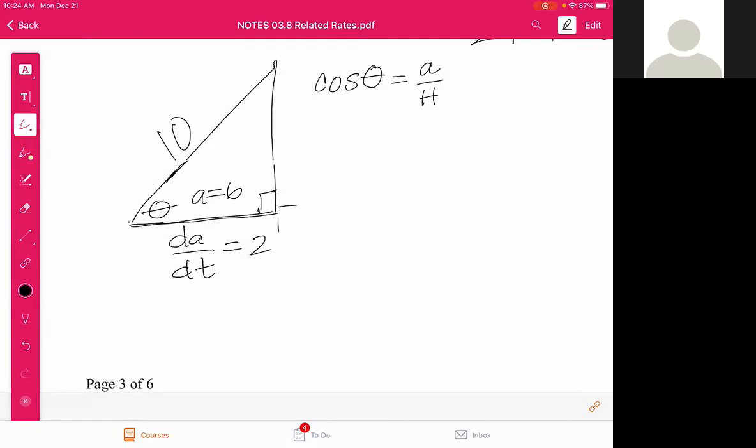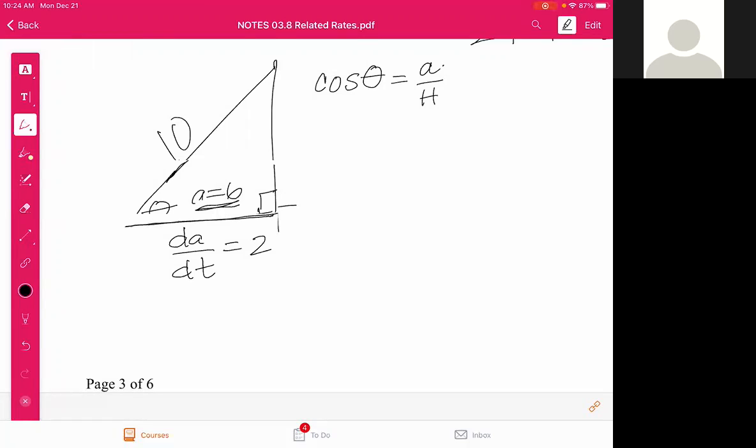Now, let's think about this. We know the angle's changing, right? The angle's changing as we pull the ladder away. This distance, A, right here, that's changing too, because we're pulling the ladder away from the wall. So this distance is also changing down here along the bottom.